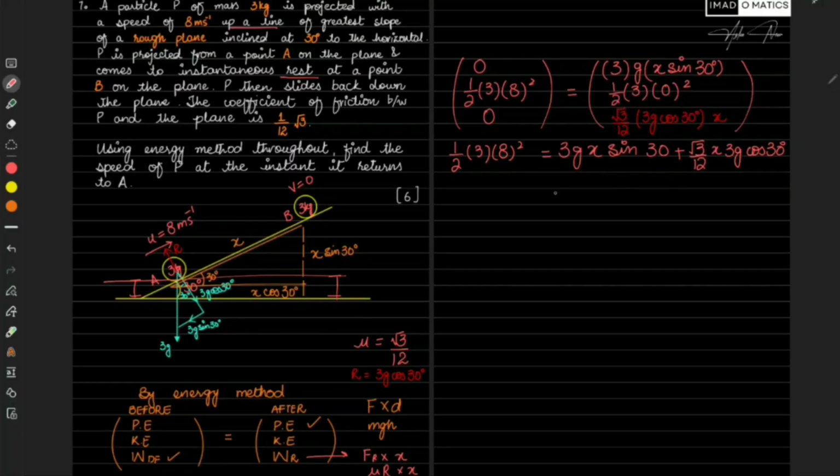Taking x common here, 3g sine 30 plus root 3 over 12 times 3g cos 30. You can do it directly with the calculator.